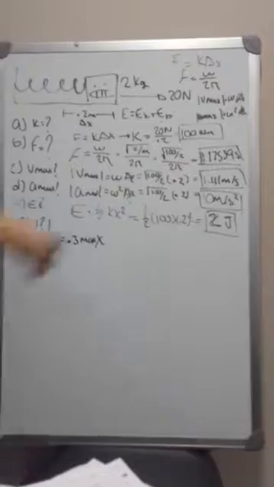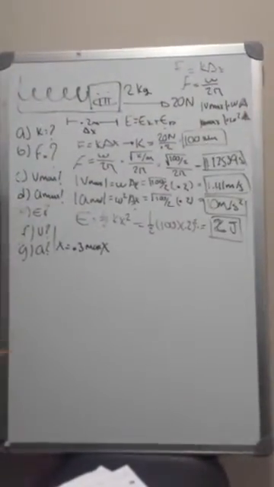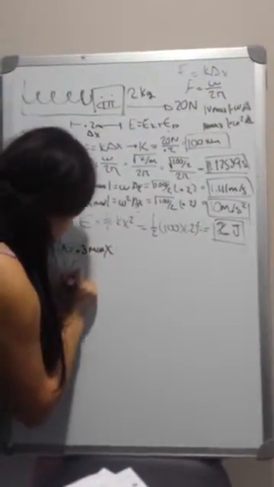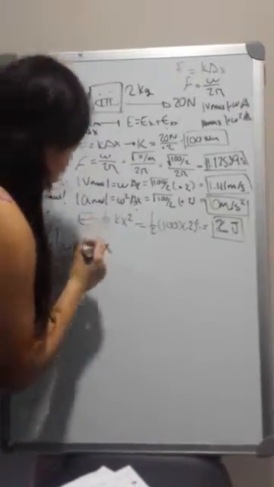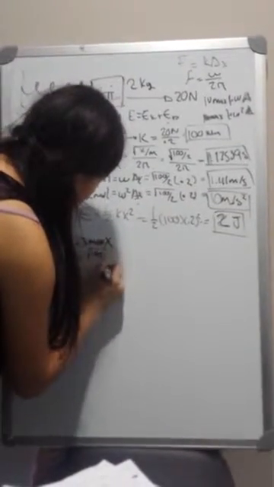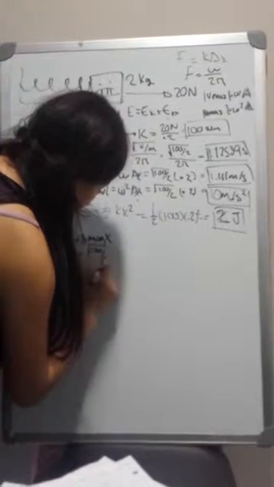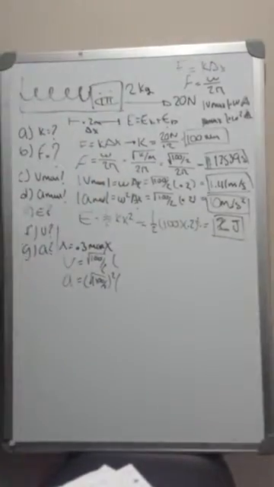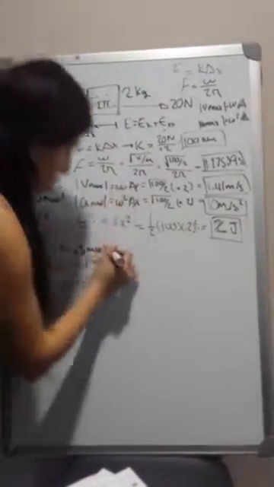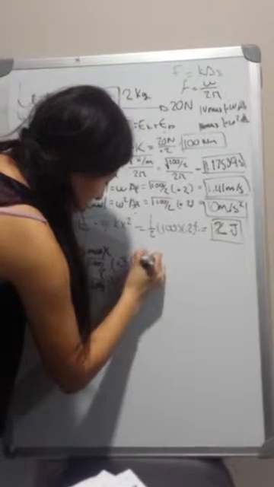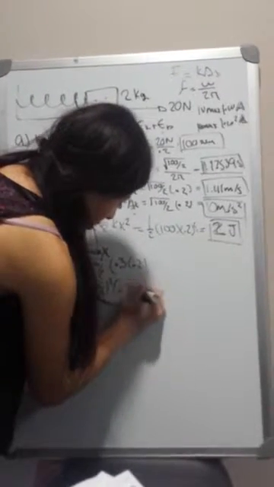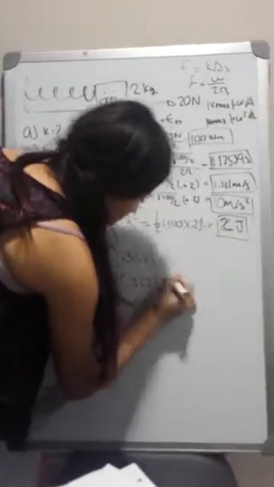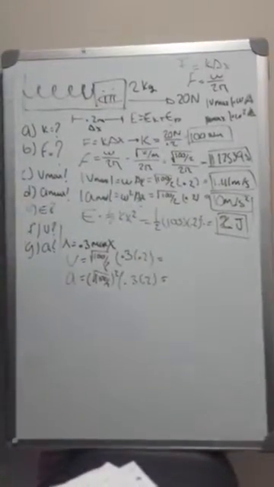And now we can find the velocity and acceleration at this point. We can use these formulas again. Omega is going to be the square root of 100 divided by 2, and for acceleration omega squared. The position is going to be 0.3 times 0.2, which is 0.3 times the maximum position, and we can solve that to get the velocity and acceleration at that point.